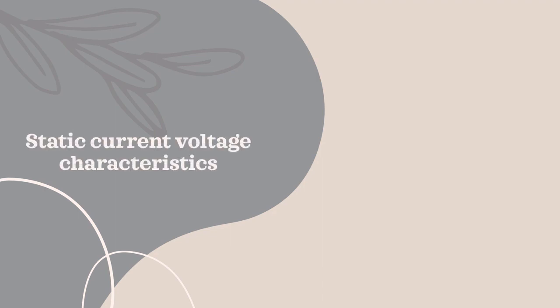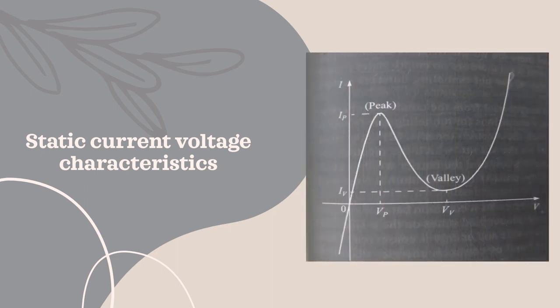So what are the static current-voltage characteristics of a tunnel diode? This is the static current-voltage characteristic of a typical tunnel diode.